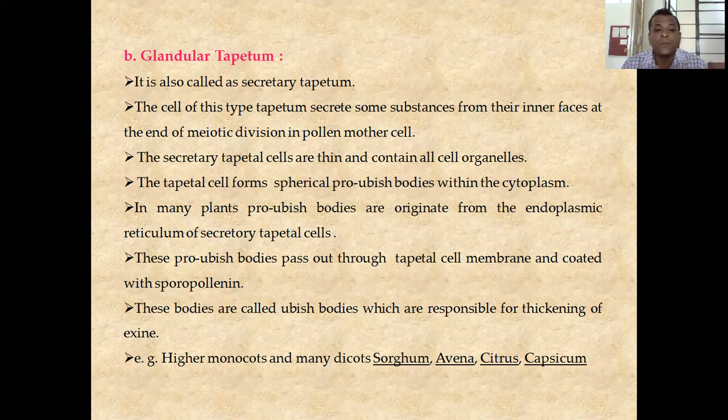In many plants, pro-Ubisch bodies originate from endoplasmic reticulum of secretory tapetal cells. These pro-Ubisch bodies pass out through tapetal cell membrane and are coated with sporopollenin. These bodies are called Ubisch bodies, which are responsible for thickening of exine. Such a kind of tapetum is found in higher monocots and many dicots. For example, sorghum, avena, citrus, capsicum.